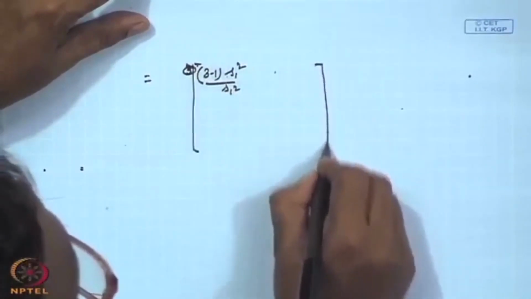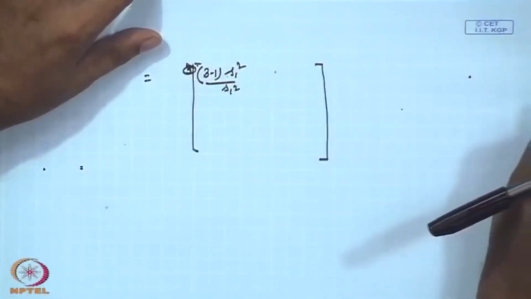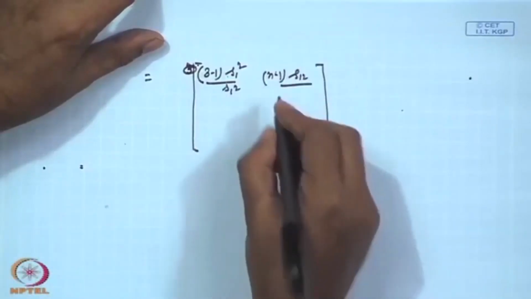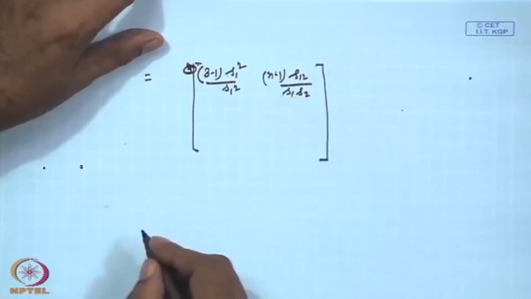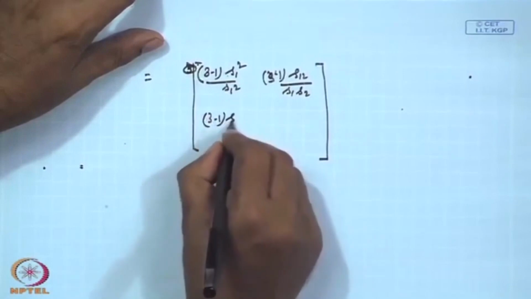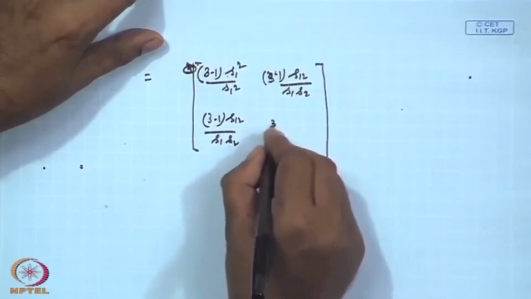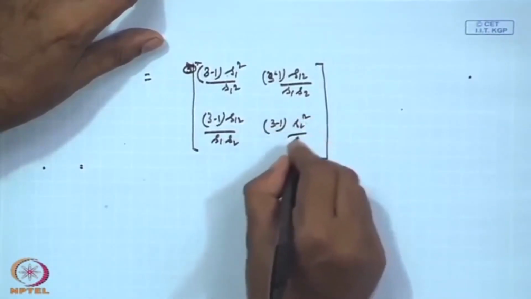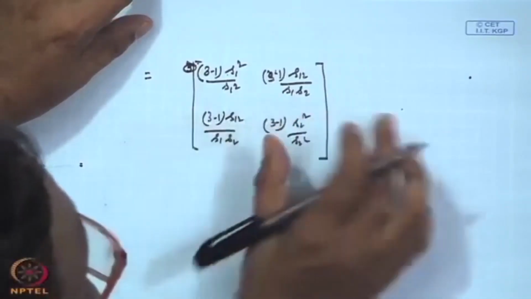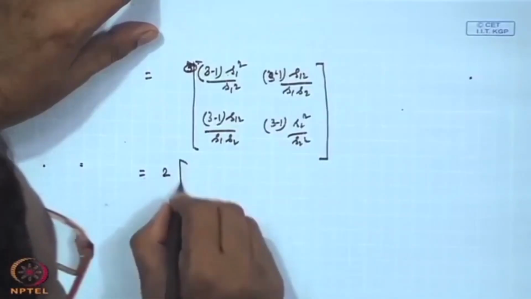Then the second one, what will happen? This is the covariance, yes or no? n minus 1 you will get s12 by s1 s2, where n is 3 here. So, 3 minus 1 s12 by s1 s2, and then this one also you get 3 minus 1 s2 square by s2 square. Then if I just take out 3 minus 1, which is basically 2, then what will I get?